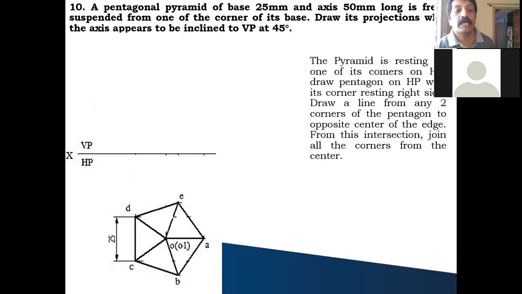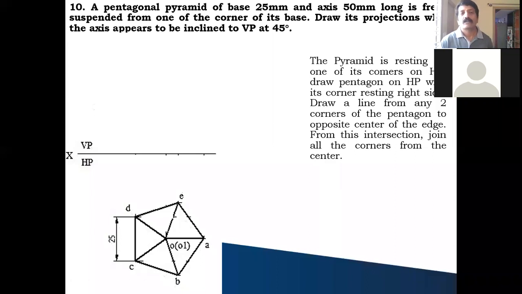Take more than half of any two sides, and cut an arc from both sides. From that intersection you join to the opposite corner. Any two sides is enough. Wherever these two lines intersect, that itself is the center of your pentagon. After getting the center, you join all the corners to the center point.